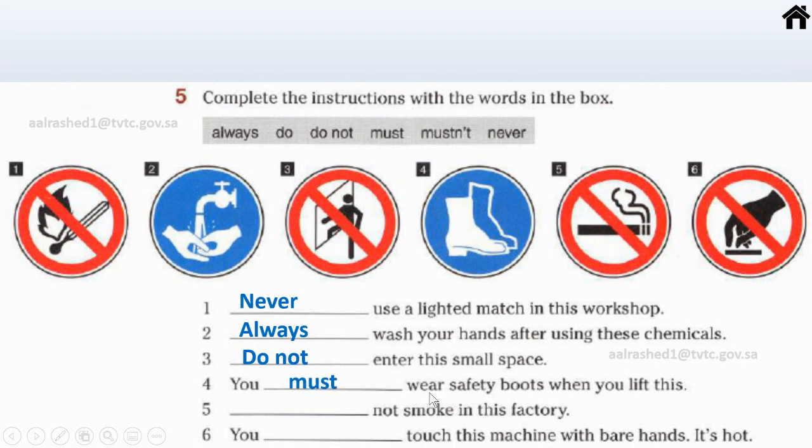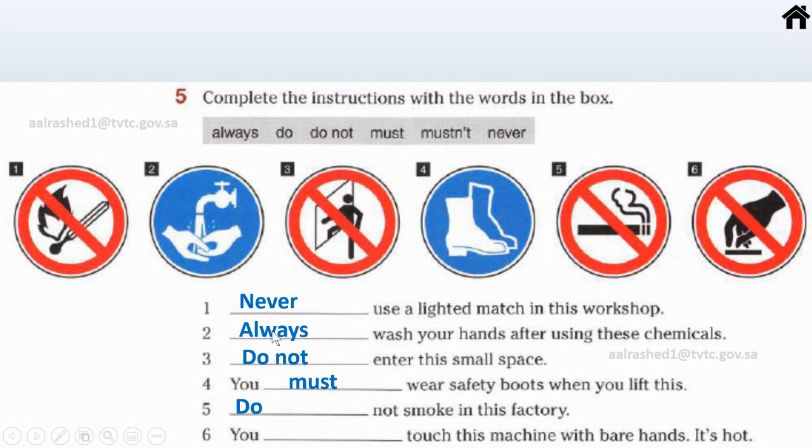You must wear safety boots when you lift this. 5. Smoking. So this sign tells you what? To not smoke. Okay, so we need a negative form. I can't say mustn't because I don't have you. I would use do because we have already mentioned not. Do not smoke in this factory.